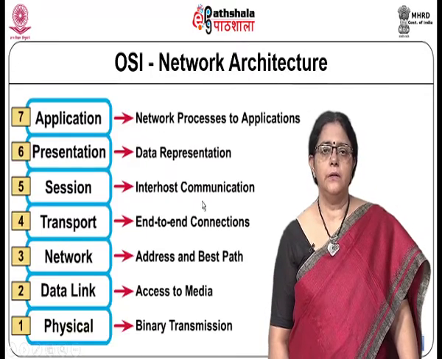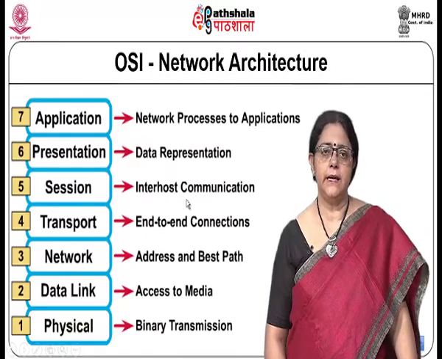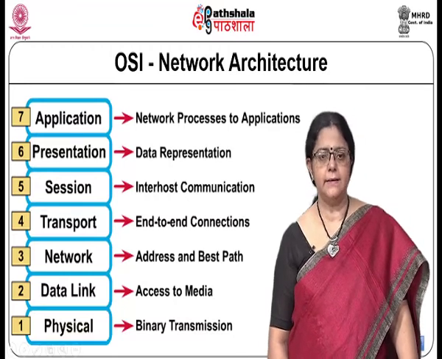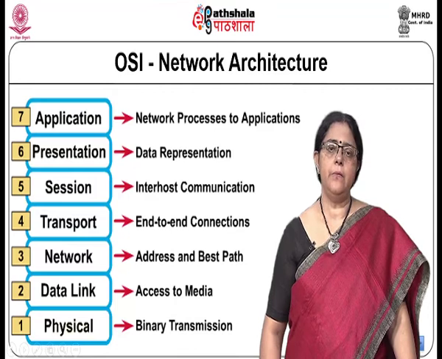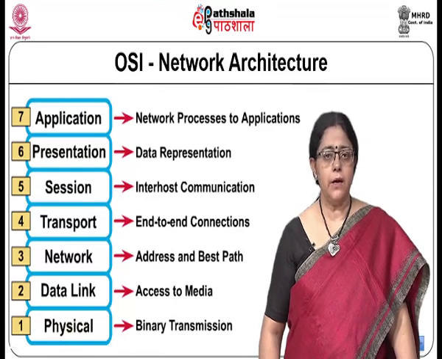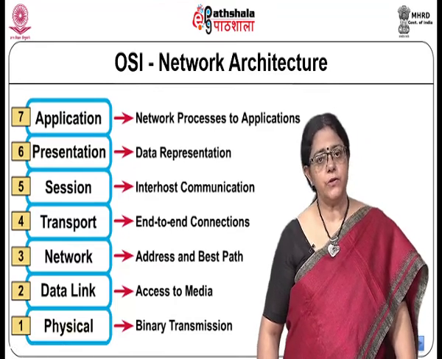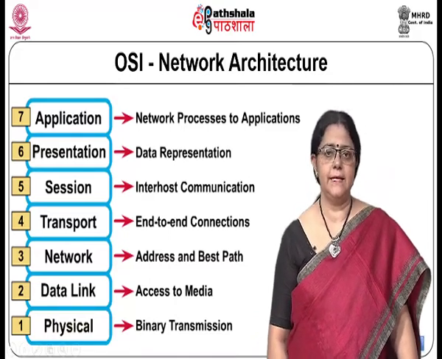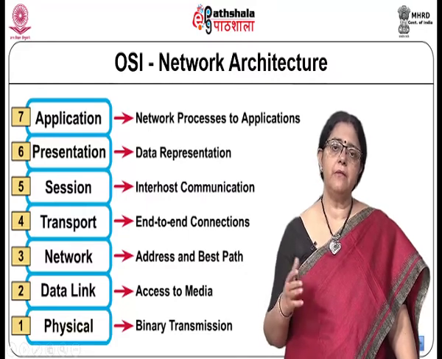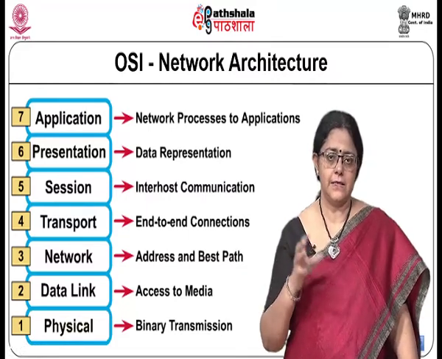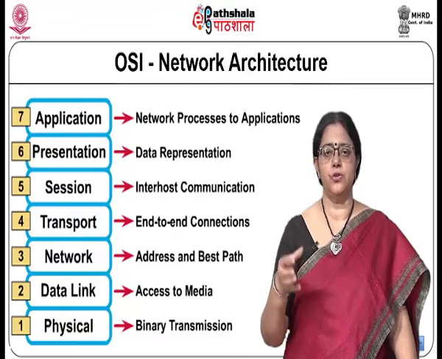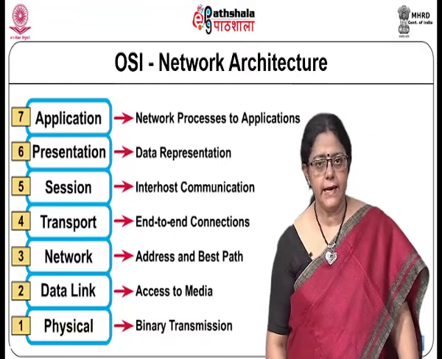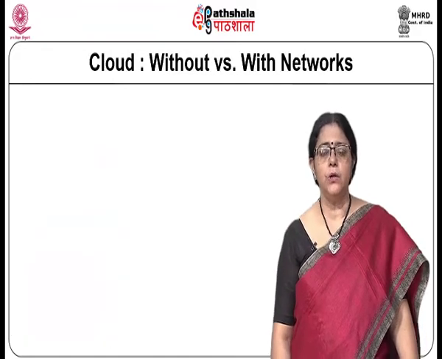The typical ISO-OSI model of networking has 7 layers, and these are the 7 layers. When we talk about cloud networking, or when we talk about virtualizing a network component, all the 7 layers get affected. So, we have to be aware of which layer a certain virtualization or networking functionality is applicable to, and we have to do it accordingly.